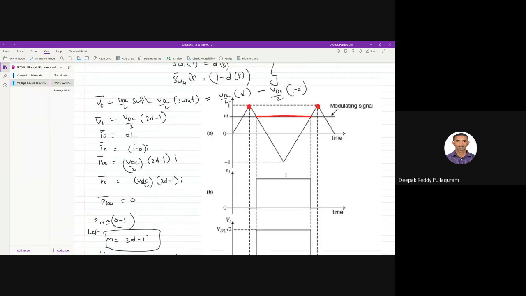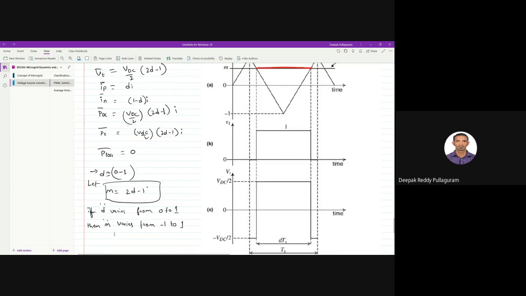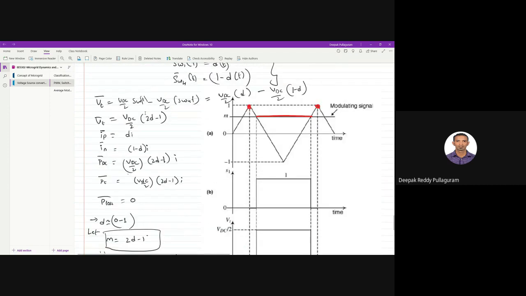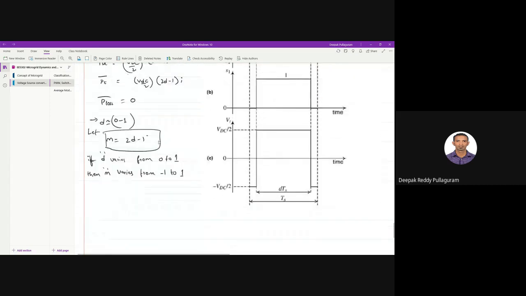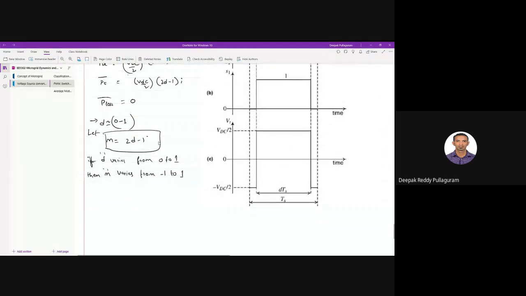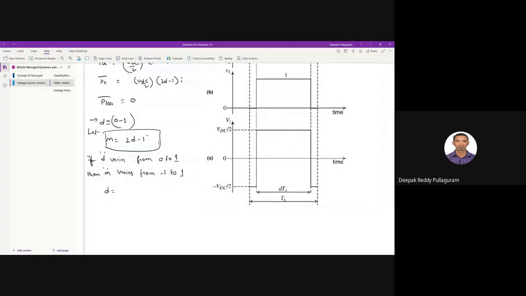Now, if I write everything in terms of m instead of D, D is very old-fashioned, more concerned with DC converters. Let's represent everything with m. How do we write it? D is nothing but (m plus 1) by 2. Substitute in the above equations.